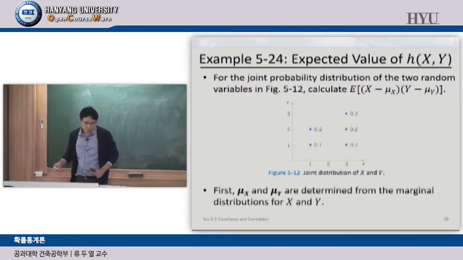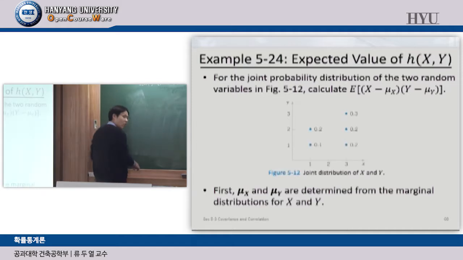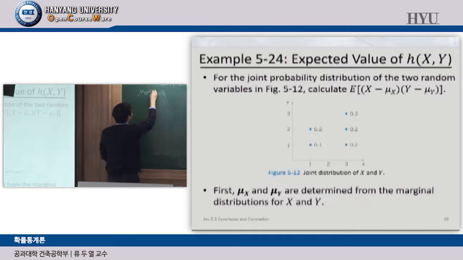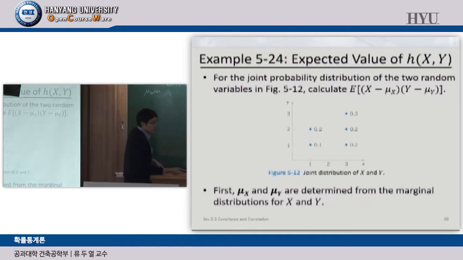And in this case, we have already learned about the conditional mean, right? The conditional mean mu_(Y|x) was equal to, this is the discrete case, right? Okay, this is not the continuous case, this is the discrete case.